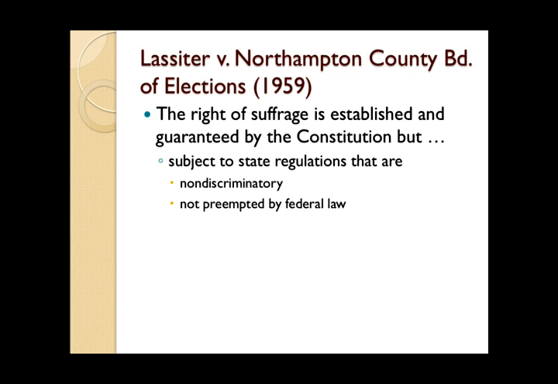So that's simply a way of saying that although there's this right that's established and guaranteed by the Constitution, the states are free to regulate the electoral qualifications so long as they do so in a non-discriminatory way, in a way that Congress has not said they can't. In the next case, we're going to see Congress does act, but in 1959, Congress had not acted yet, so that second point is not relevant.